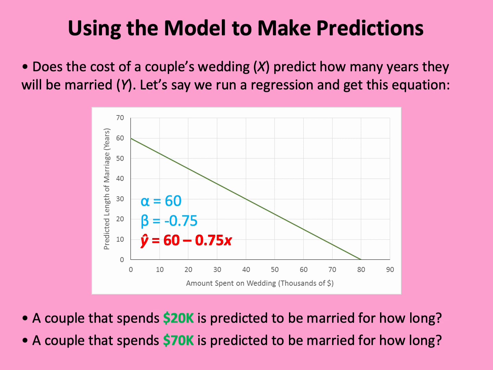And if we go to 70, it's a little harder to visualize, but the line intercepts a little bit below 10, right? So that's where we get our 7.5 from, okay? All right.